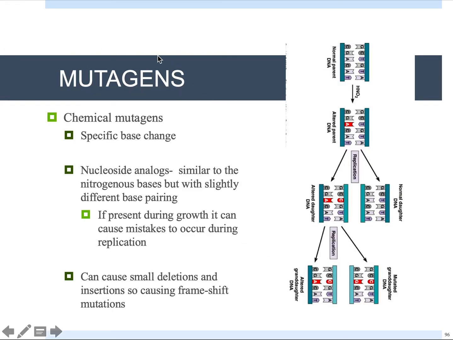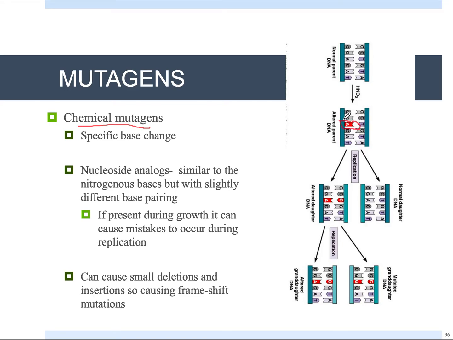But you have substances that may be chemical agents, or maybe radioactive agents, waves, that may contribute to these mutations in the genes. So if they're chemical in nature, they are called chemical mutagens, and they could lead to specific base pair changes. There are instances where you have altered DNA because you have a nucleoside here.